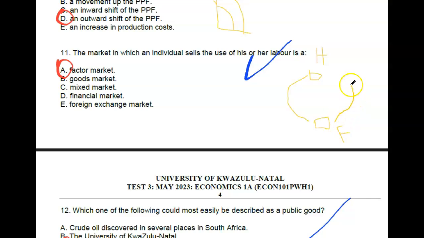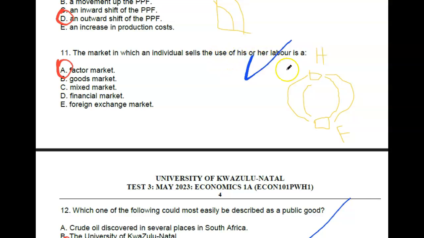In return, the firms will give them goods. Then the households will buy those goods, right? Then the firm will give the households their salary. That's how it works. Everything on the left is the factor market. Everything on the right is the goods market, right?